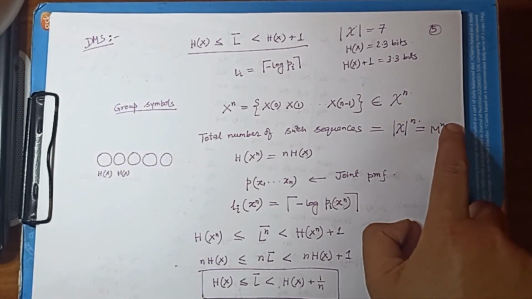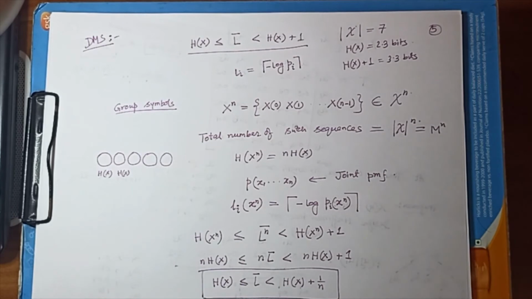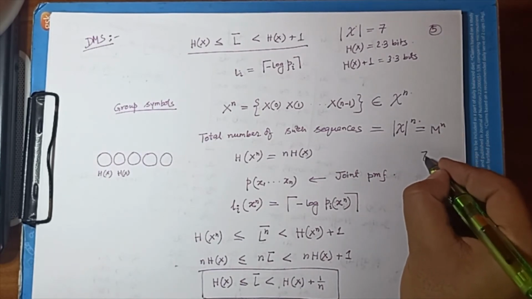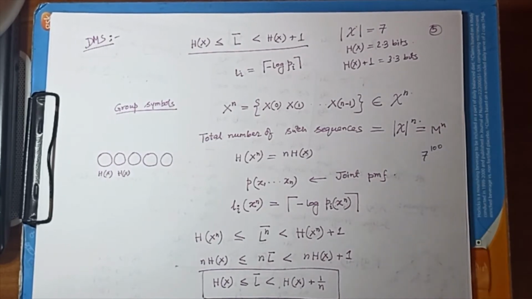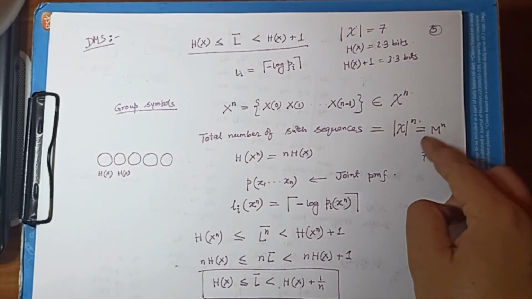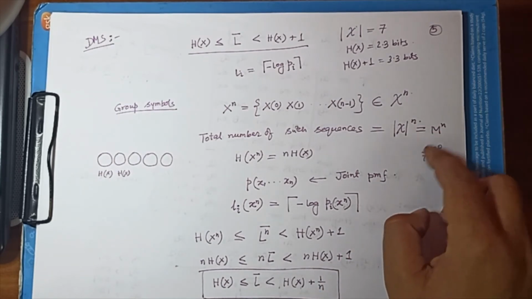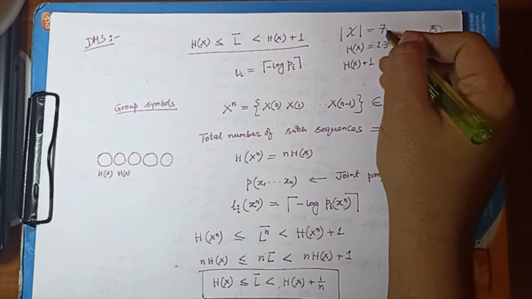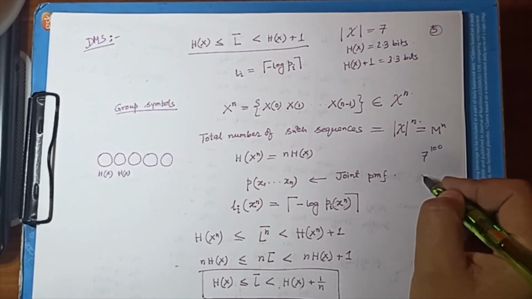Suppose m is 7 and n is 100. To have an accuracy of 1 by 100, which is like 1%, you need a table of size 7 to the power 100. And what if it is not 7 but say 128, so 128 to the power 100.